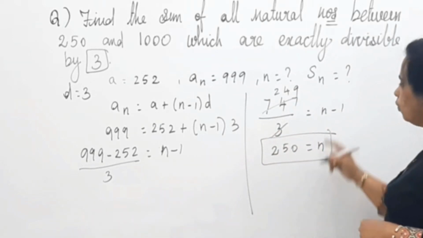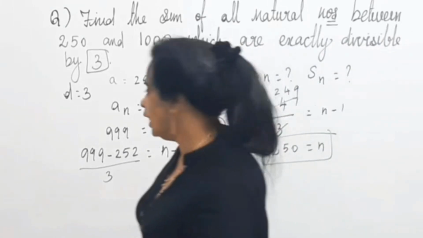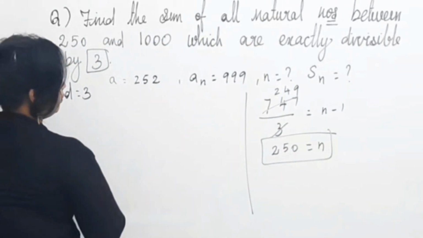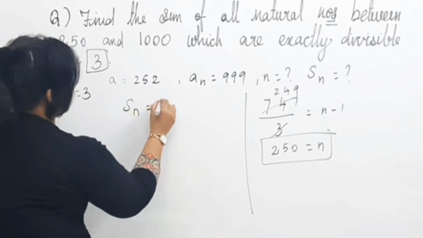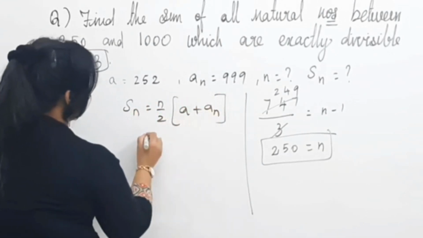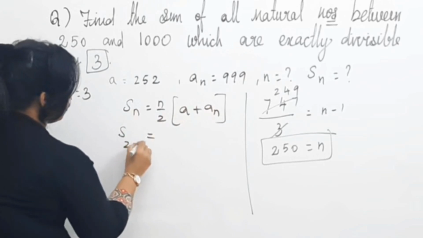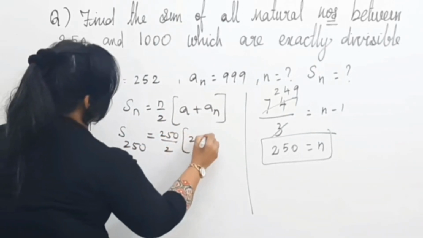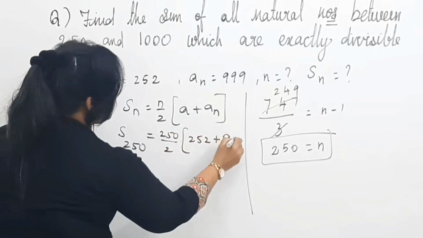So now we move on to finding Sn. I got all my values. So Sn is equal to n by 2 into a plus an. That's equal to 250 divided by 2 into 252 plus an, which is 999.